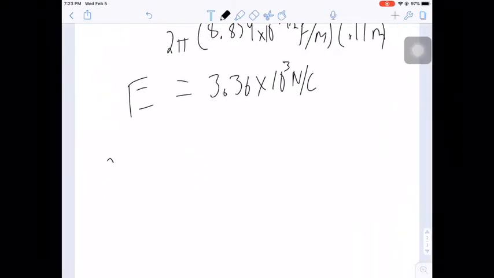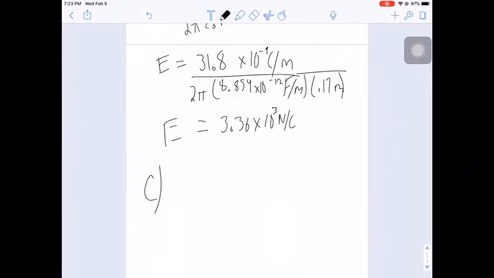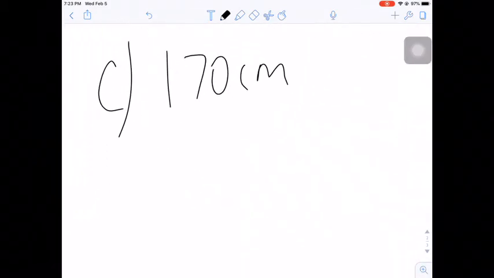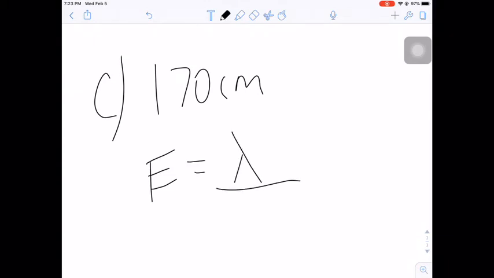And C says 170 centimeters, so it's getting bigger. We can just use the same equation we used in the first one, because the same rule applies here. Electric field is directly proportional to the charge density and inversely proportional to the radius of the surface. So E equals lambda over 2 pi epsilon naught r.